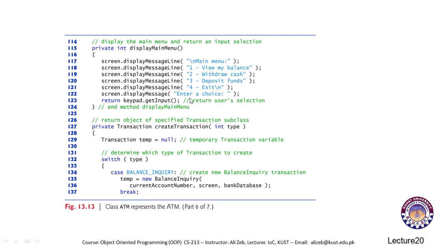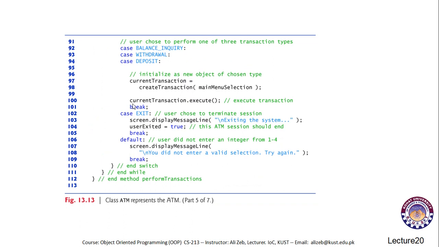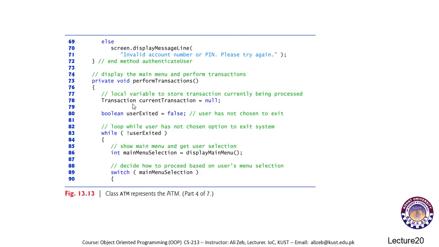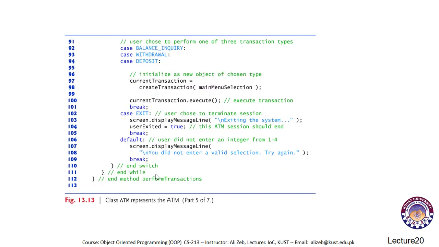The user enters a choice, we get that choice and return it, for example here where we have called our display menu method, the choice is returned and stored in this variable. Whatever the choice of the user was, we check that through the switch statement.